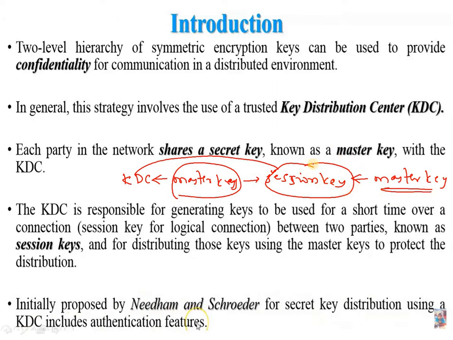That means the session key is protected by the master keys, which are known only to the KDC and the owner of the master key. Suppose A is the owner of a master key; then only A and the KDC will know that master key. Other users will not know the master key of A.